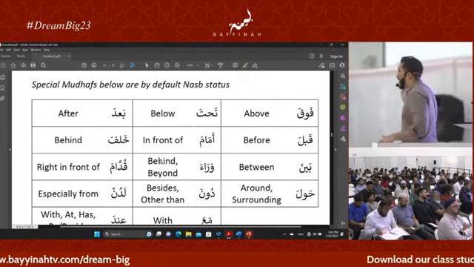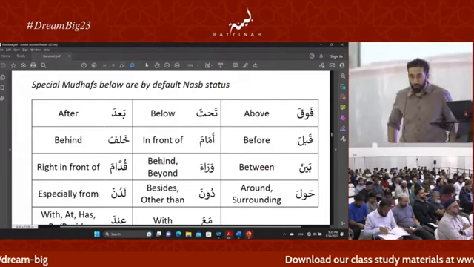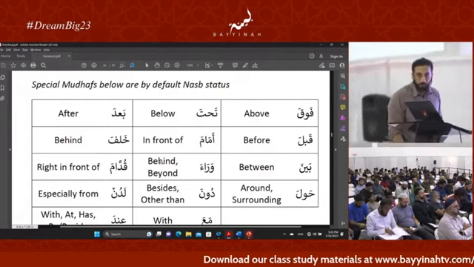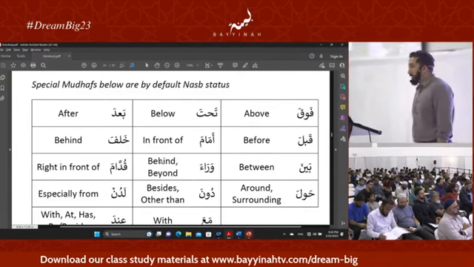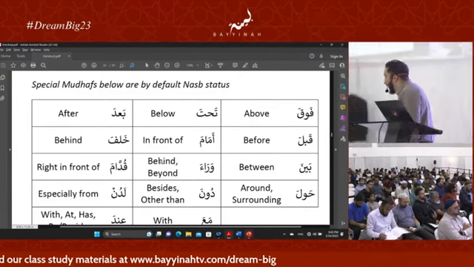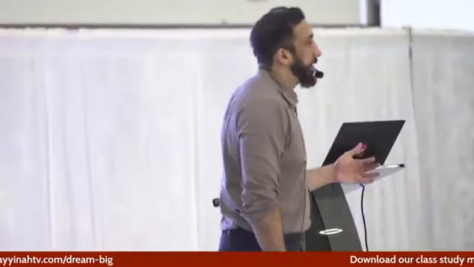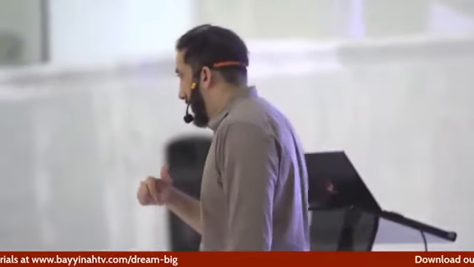I would have called them harf, but they're not. They're ism. And here's something else you should know about them. 99.999% of the time, if you see one of these words, it's going to be a mudaf. Which means the next word is a mudaf ilayh.